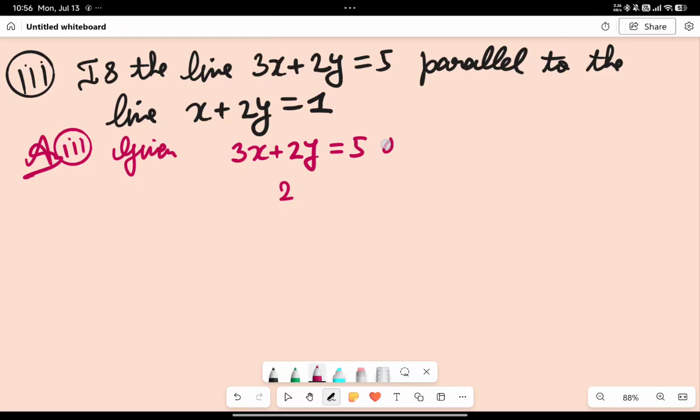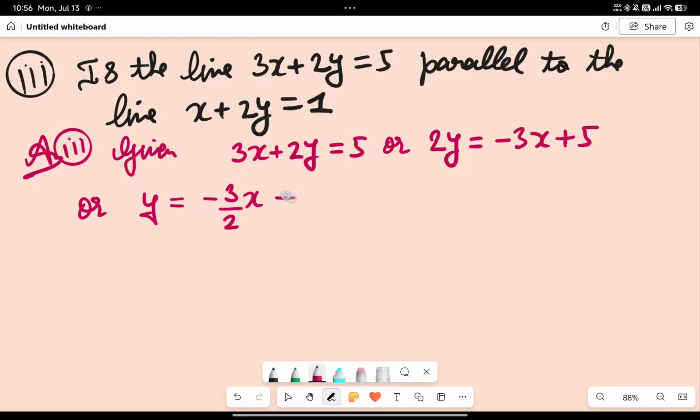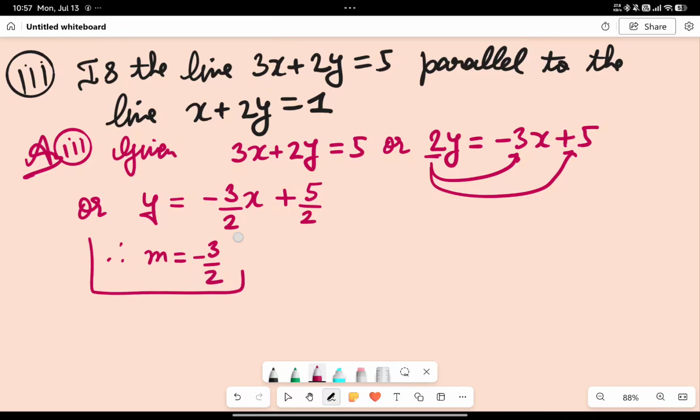Writing it again, 2y equal to minus 3x plus 5. Or you can write it as y equal to minus 3 by 2, dividing both the sides by 2. Therefore, only by looking you can say that m is minus 3 by 2.